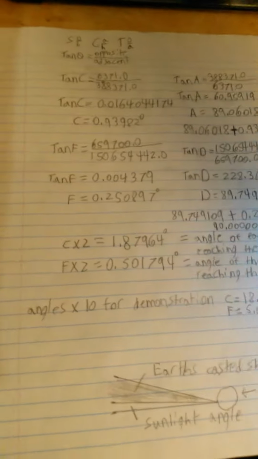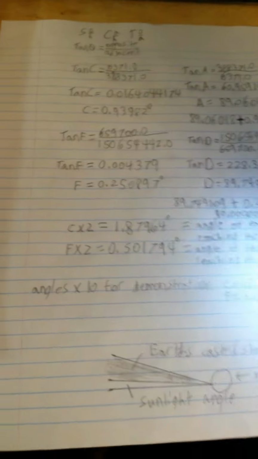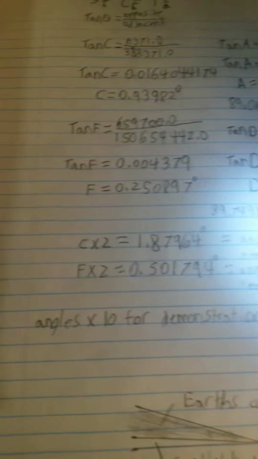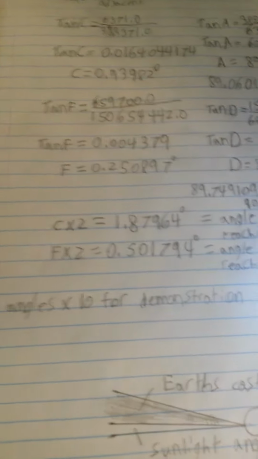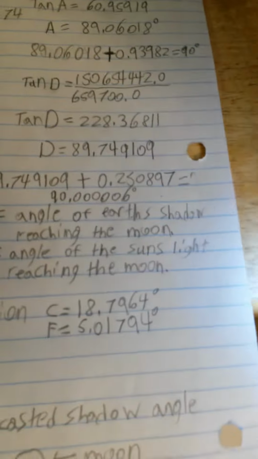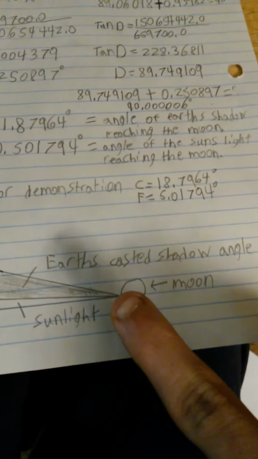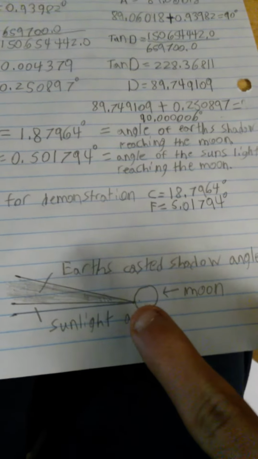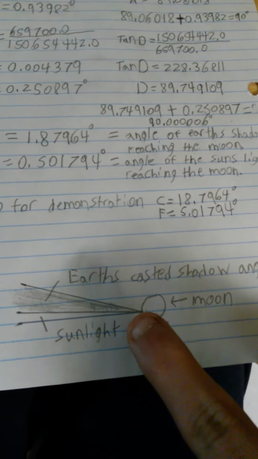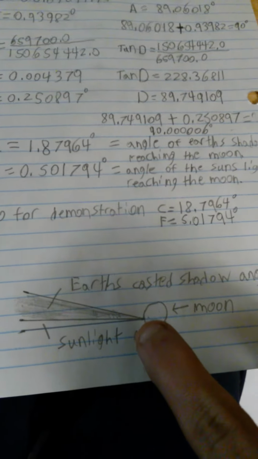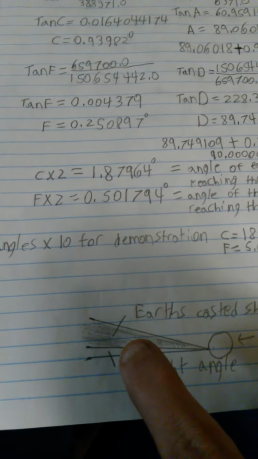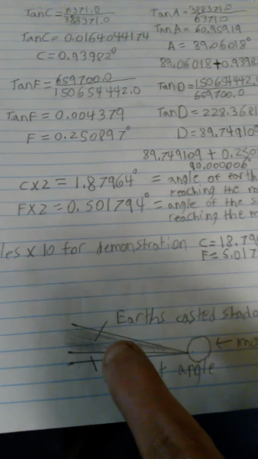Now, to show you this in a better observable format, I multiplied both those angles by 10 just for this demonstration, as you can see here. Right here, this is the edge of the moon. I didn't go by the middle because the full side that's facing us has to be lit up, so it has to be hitting this edge. As we see here, this is the Earth's shadow cast by itself.